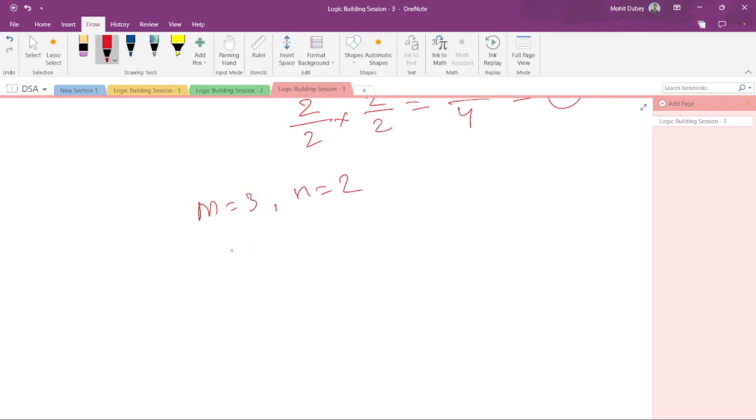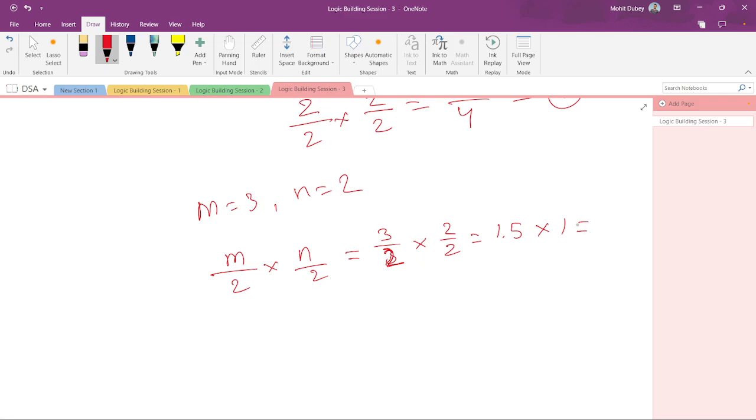Okay, let's do it this way. m by 2 into n by 2 equals m cross n. Let's just do it as 3 by 2 into 2 by 2. So 3 by 2 is nothing but 1.5, into 2 by 2, that is 1.